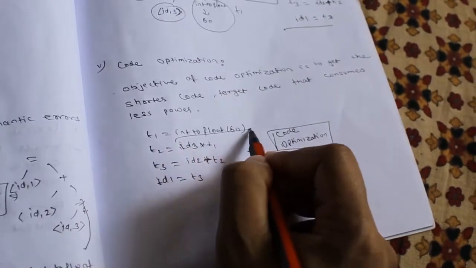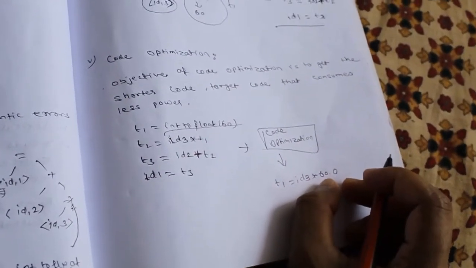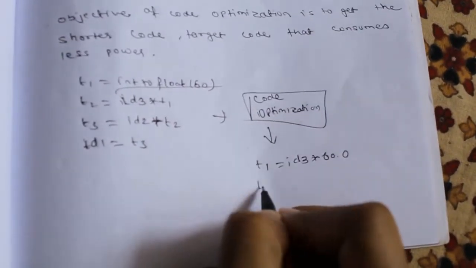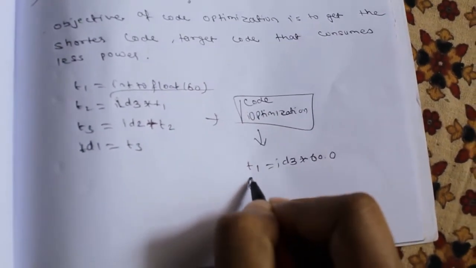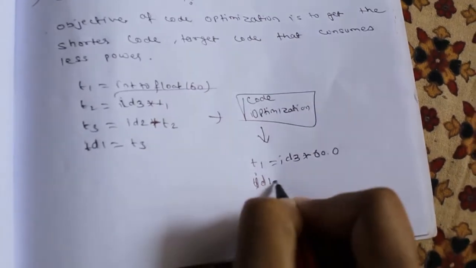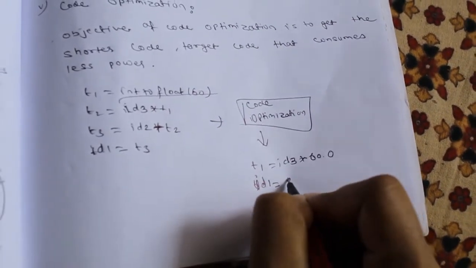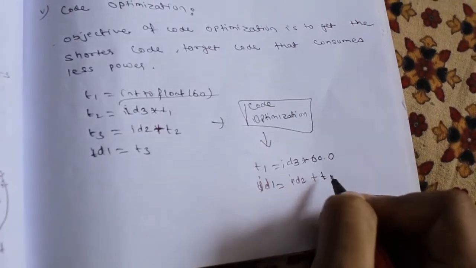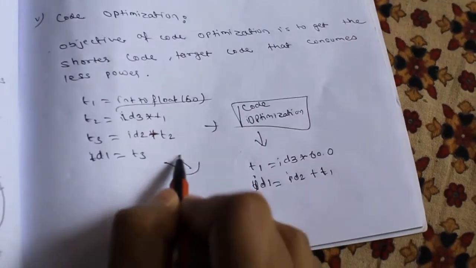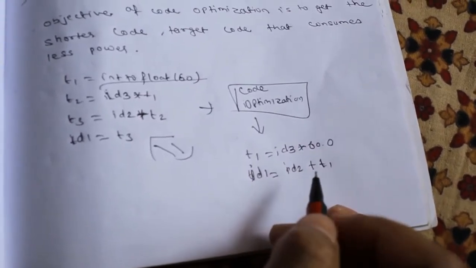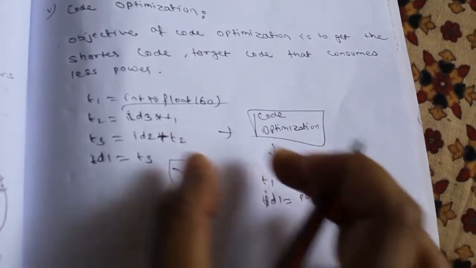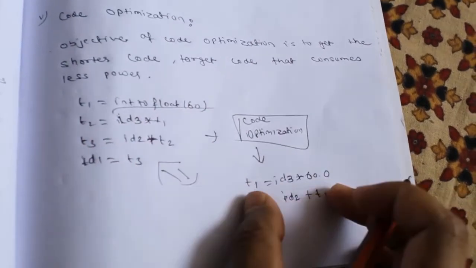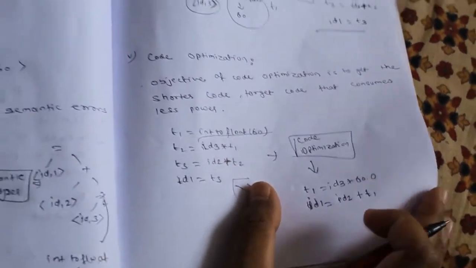Instead of writing int to float, we are directly writing 60.0. And after that, instead of writing t1 t2, directly we can write id1 equals to id2 plus t1. That's it. So this is equivalent to this code. So reducing the 4 steps into the 2 steps is the main aim of the code optimization.